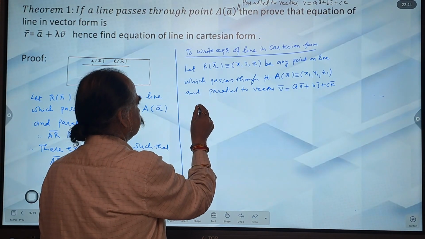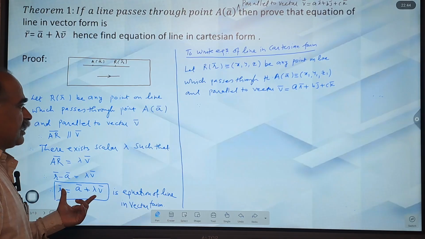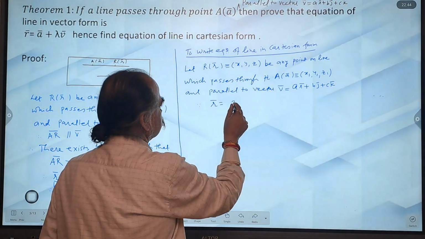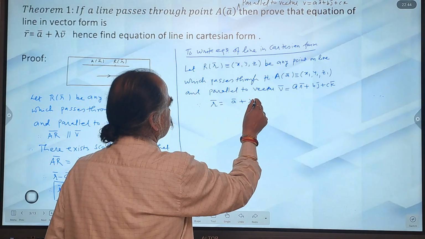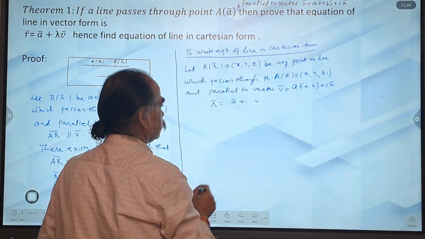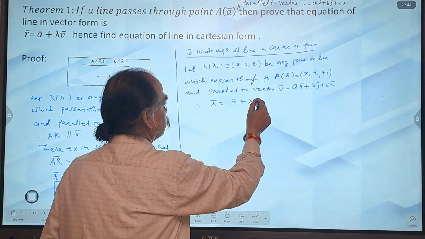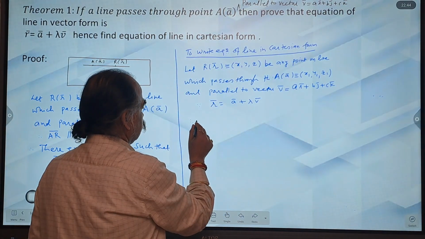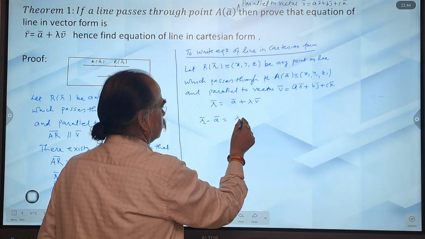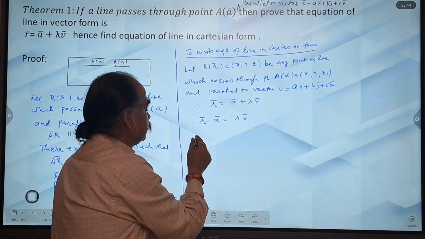Since R bar is what? A bar plus lambda v bar. So R bar minus A bar is what? Lambda v bar.